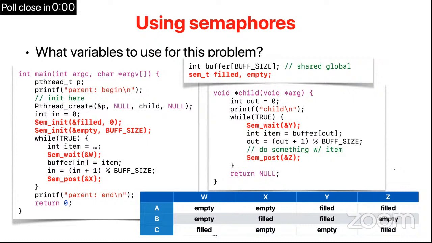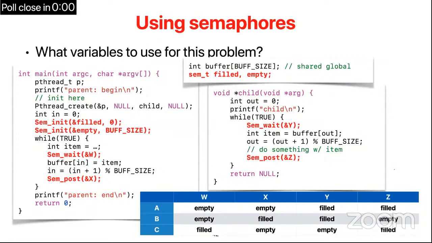The answer is P, because we can know the man's role is the producer and the child's role is the consumer. When the buffer is empty, the producer could produce some data and put it into the buffer. And when the buffer is filled, the consumer could take data from the buffer and use it.